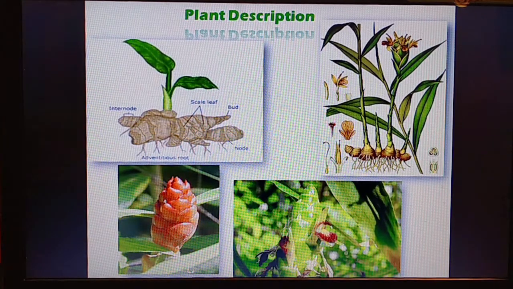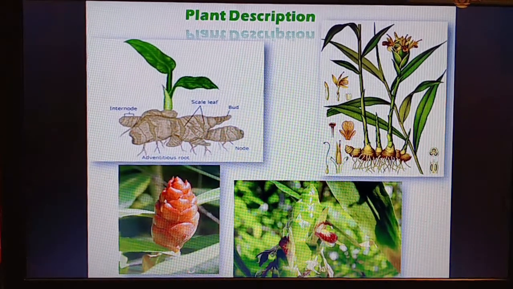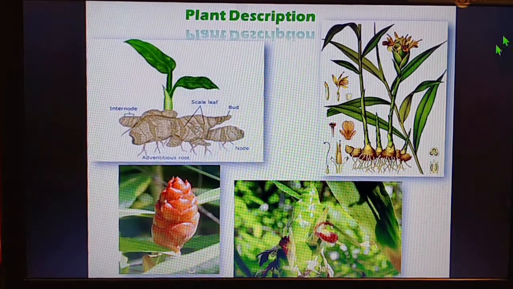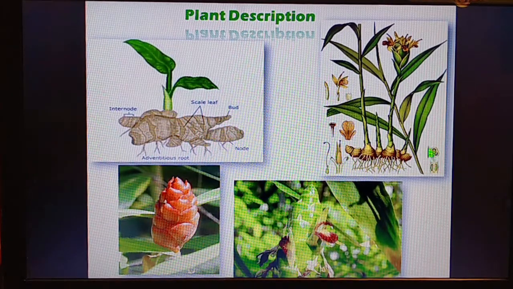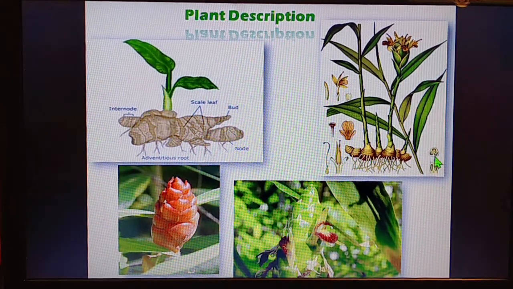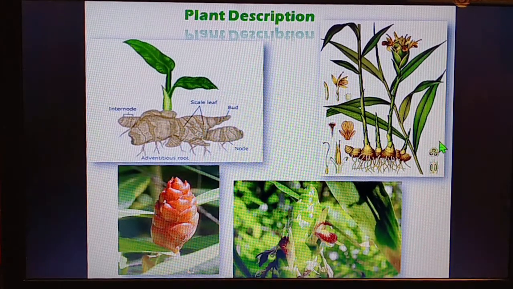The carpels are 3 in number and syncarpous, that is, they are united. As you can see, the carpels are united, three-celled with many ovules in each cell.